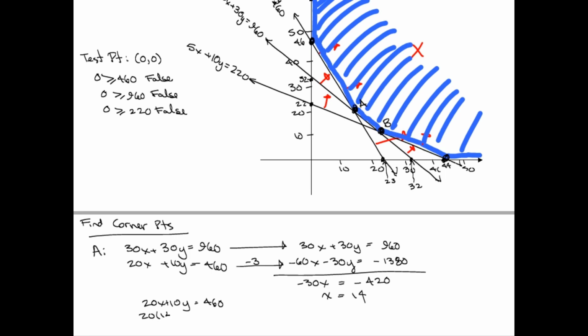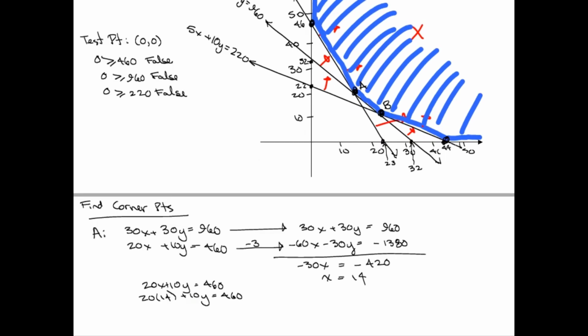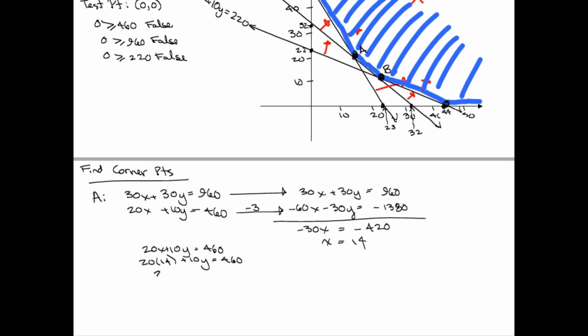So 20 times 14 plus 10y equals 460. 280 plus 10y equals 460. 460 minus 280 is equal to 180. So y is 18. And so now we have the point 14, 18, which looks pretty reasonable on my graph.